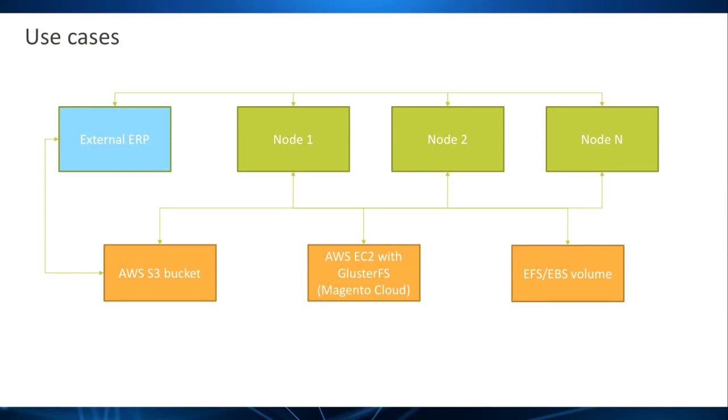With EFS and EBS, it will be a bit different, but it will still be inside the AWS network. And with S3, as I said, you can use it with external ERPs. You can implement different mechanisms because data will be available from all over the world if you want it.